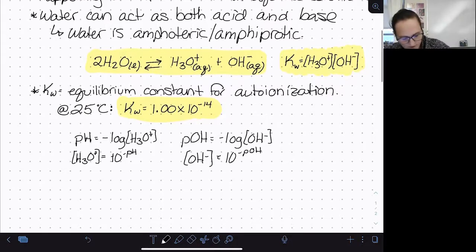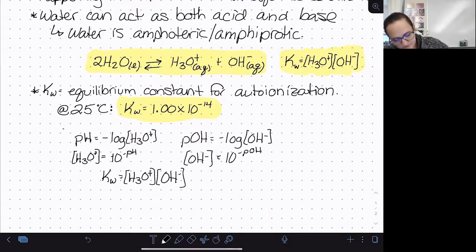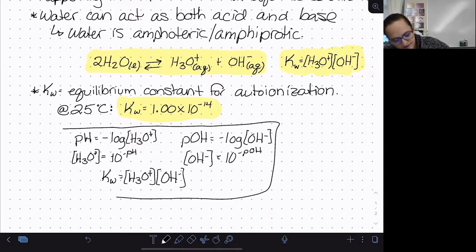If we now throw this equilibrium expression into the mix, that Kw is equal to hydronium times hydroxide, this expression kind of acts as a bridge between these two different sides of things.